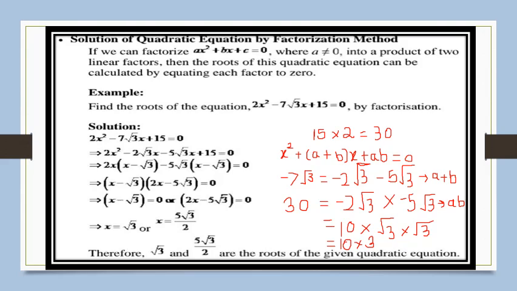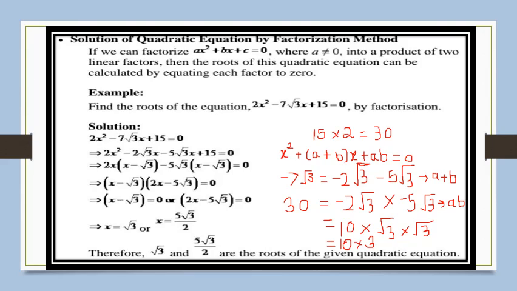So in this way you can find the factors and then split the middle term in terms of these two factors. From the first two terms, what is common? 2x is common. Then we will write it as x minus root 3. Then from the third and fourth terms, 5 root 3 we have to take common so that the brackets will be the same, x minus root 3. Now take x minus root 3 common.